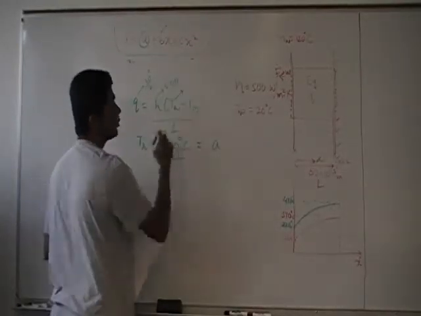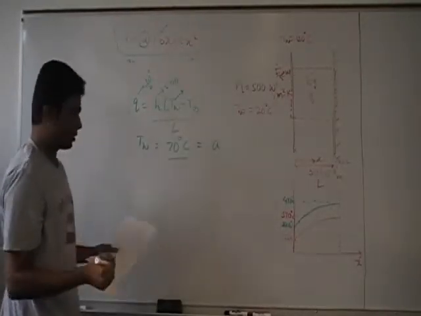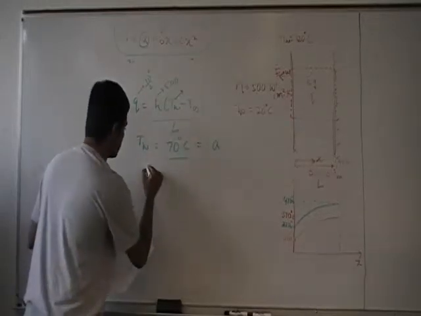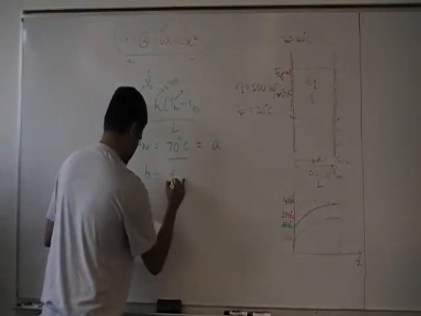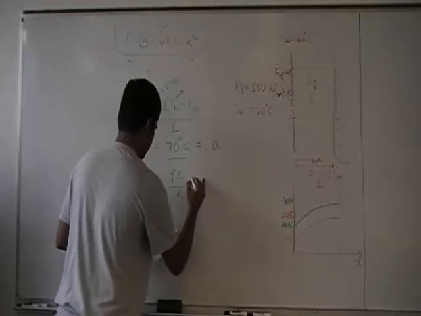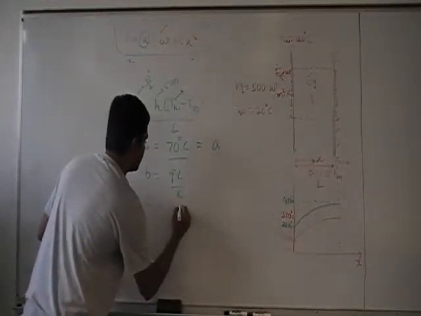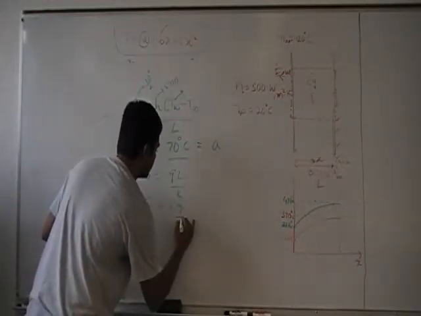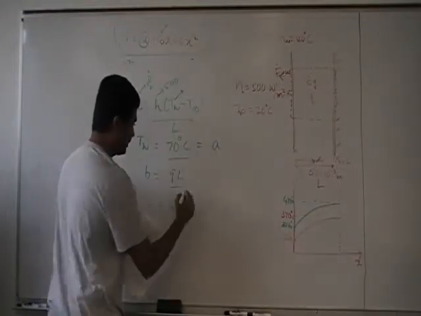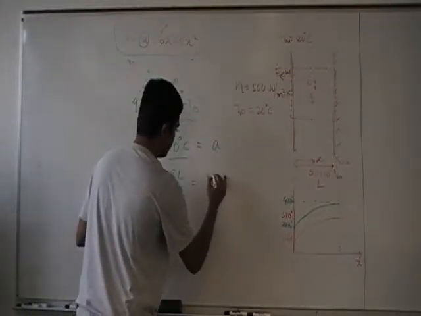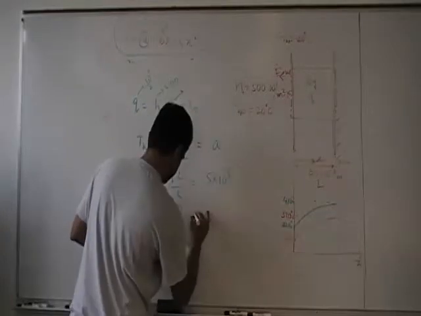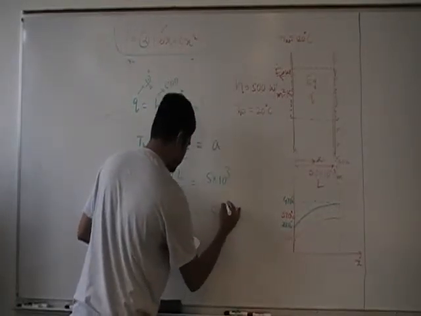This time B and C will change because the heat generation term has changed. And the equations for B, which is Q L by K, and C, which is negative Q dot by 2K, turn out to be 5 into 10 to the third and negative 5 into 10 to the fourth.